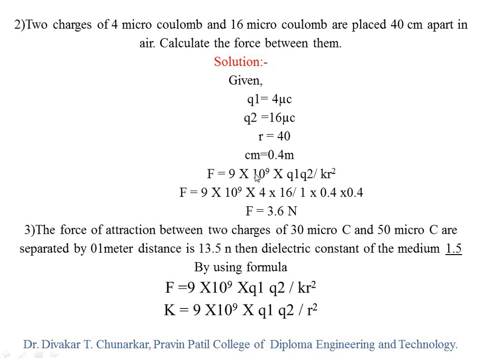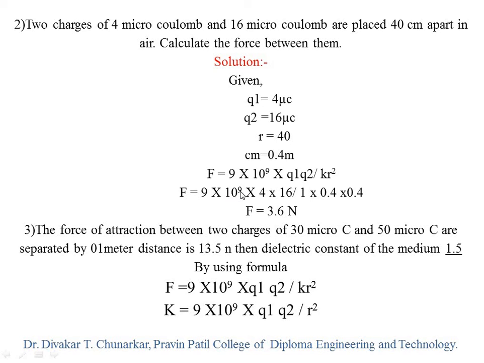After that we use the formula F equal to 9 into 10 to the power 9 into Q1 Q2 upon K R square. In this formula, for the force of attraction F, we put all the values.